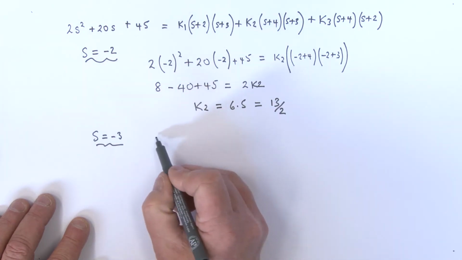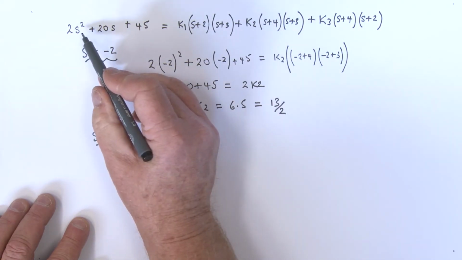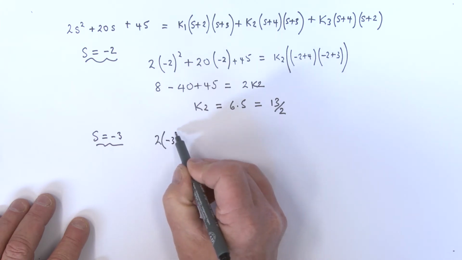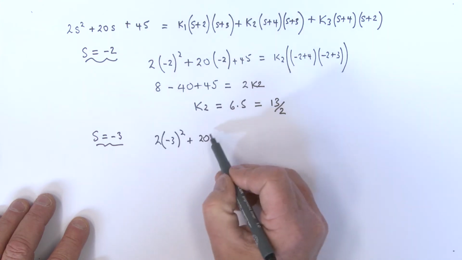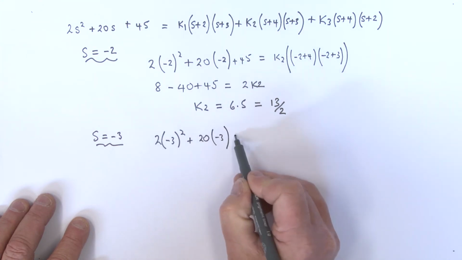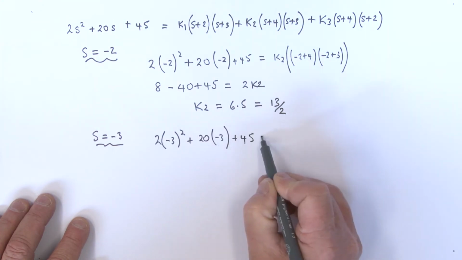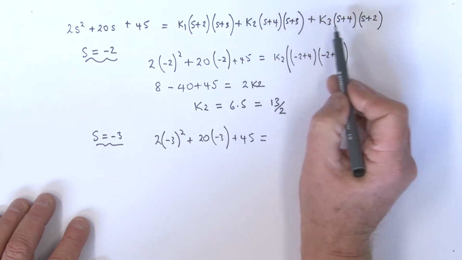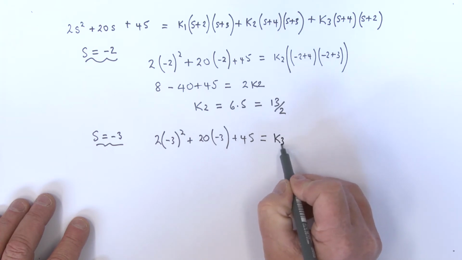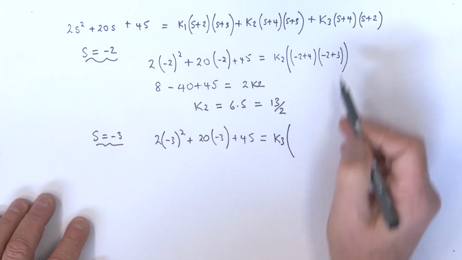So we have 2 times -3 squared plus 20, s being -3, plus 45, and that is going to be equal to k3, and I'll open up a big bracket here.